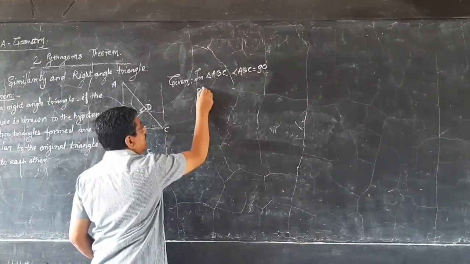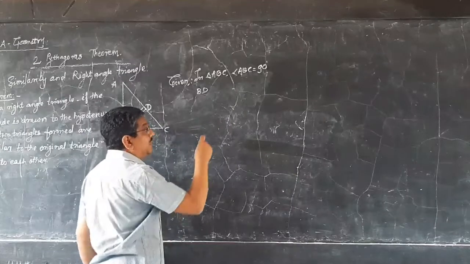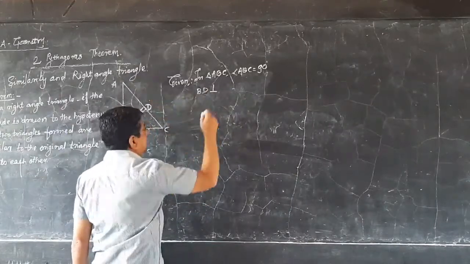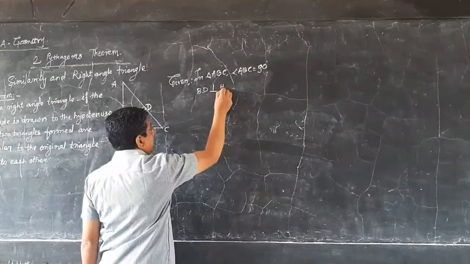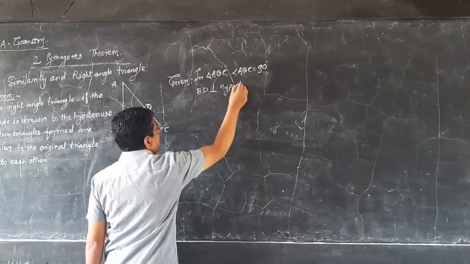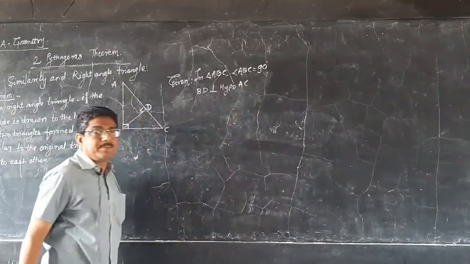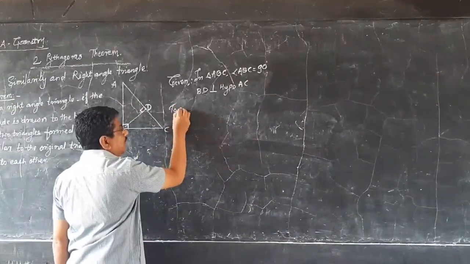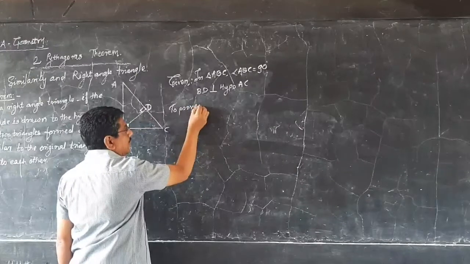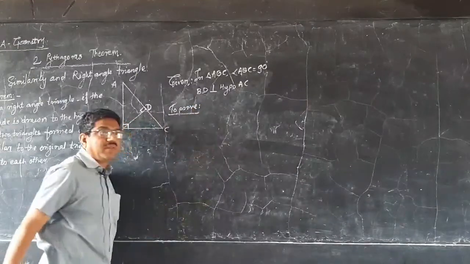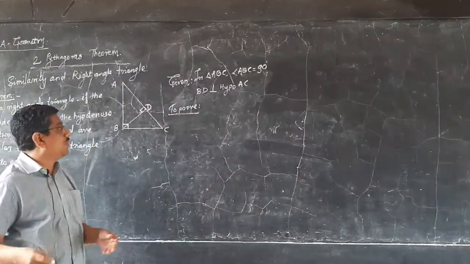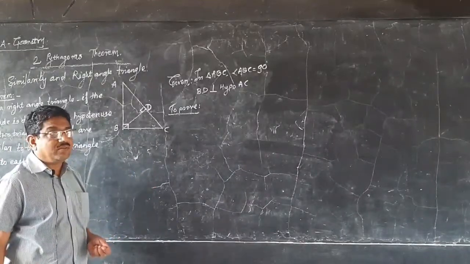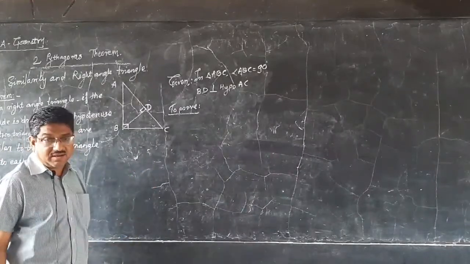BD is the altitude, or you can say the perpendicular to the hypotenuse AC. Then what is to prove? I will say you can write the proof afterwards also, and those who can remember the idea, they can.